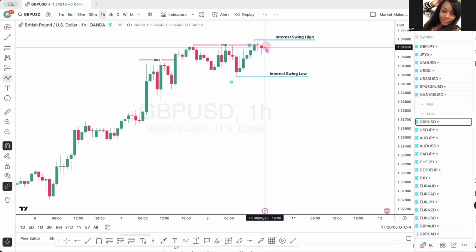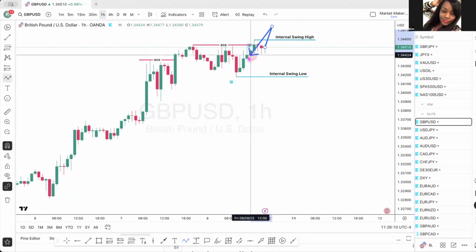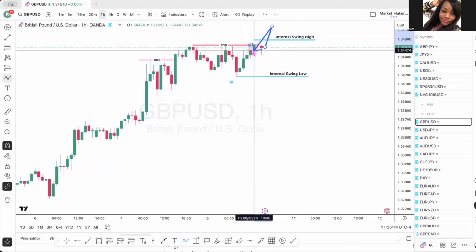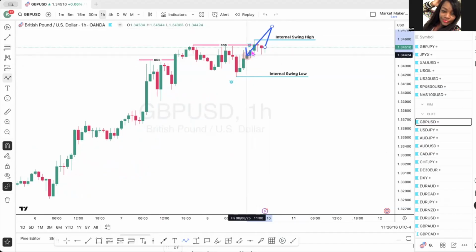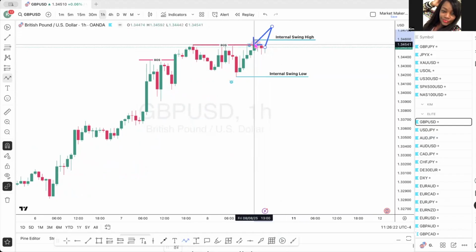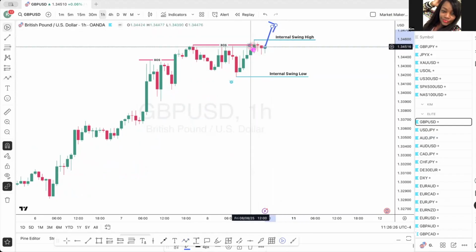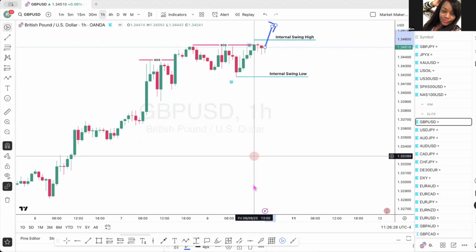So if price breaks the swing high, then we'll look for some kind of demand. As of right now, there's no demand in anything right here, other than this red candle. I would need to see, if it broke here, because price broke here, right?